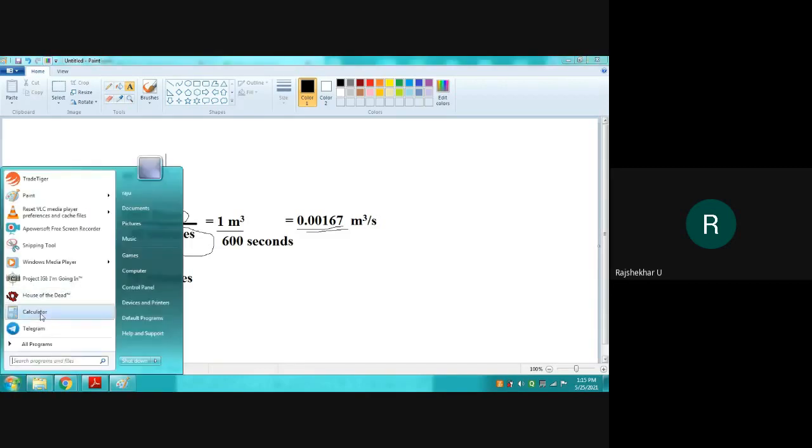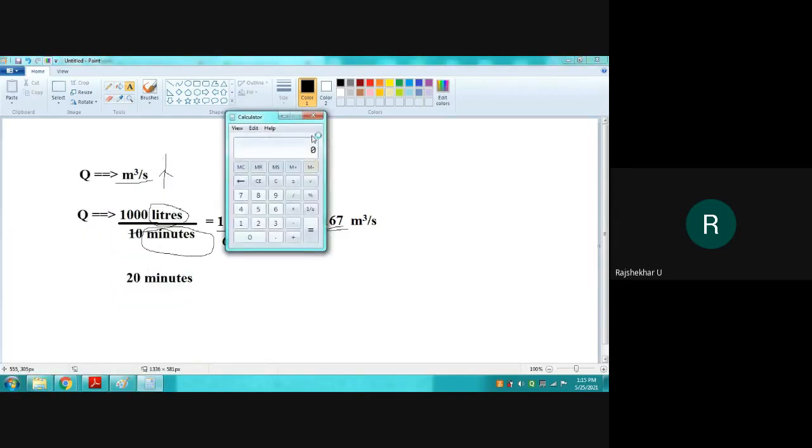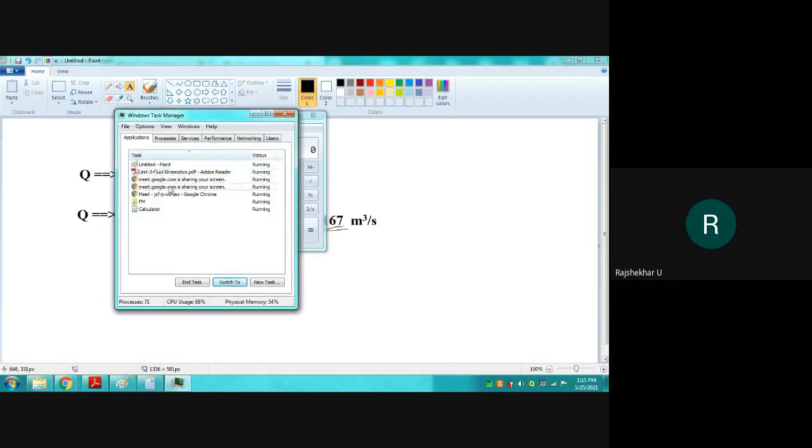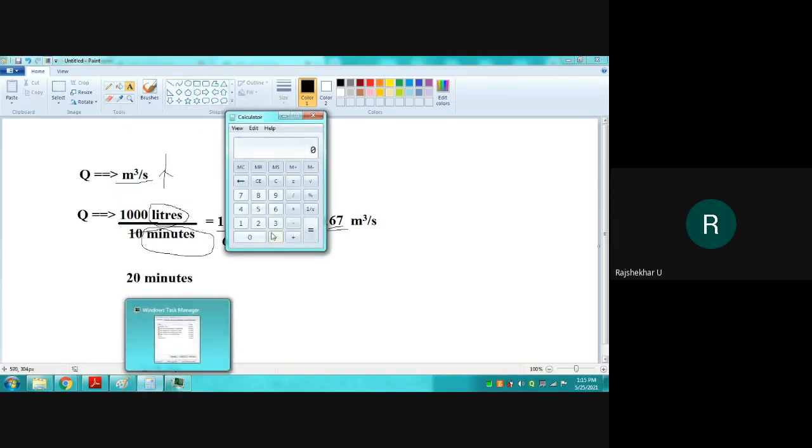How much will it be? Yes, 1 by 1200 is about 8.33 into 10 power minus 4.